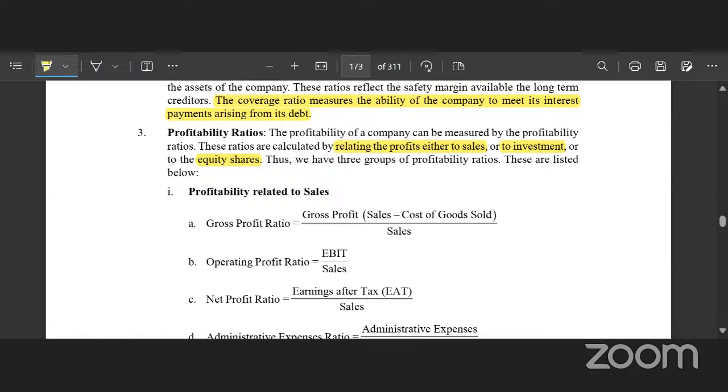So if you see these ratios, profitability related to sales.